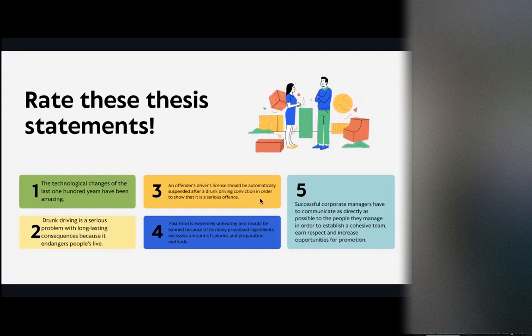And then we have the B, which is should be automatically suspended after a drunk driving conviction, right? And then we have the C, which is in order to show that this is a serious offense.